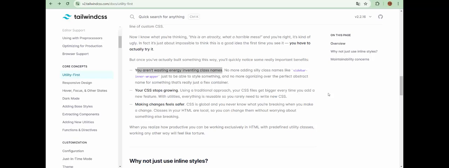I said at first, why don't we use inline CSS styling? Inline CSS and utility classes are the same? Not the same. Because with inline, I must think about my naming, and I cannot apply hover and some other things, and some responsiveness. But here, it is all inline.